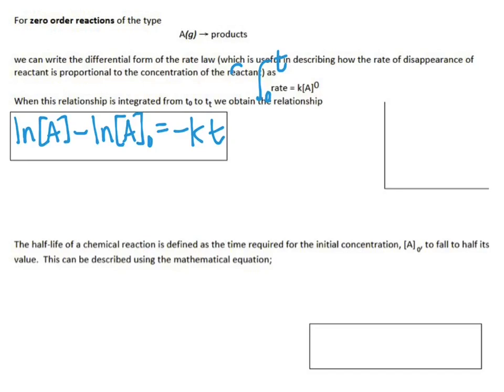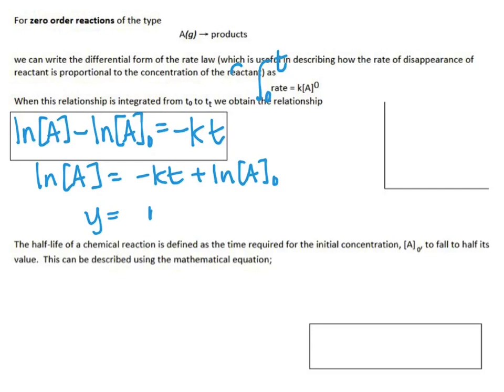Again, you linearize this and you get ln of A is equal to negative kt plus ln of A naught. Again, you get y equals mx plus b.